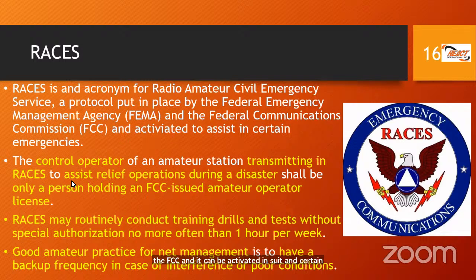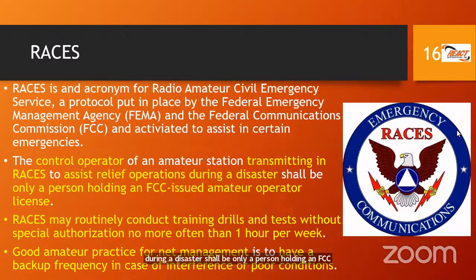So we have a couple of exam questions in relation to RACES. On your right-hand side here, that's the logo for RACES, right? The exam questions are as follows. It has to do firstly with the control operator. In other words, that's the person that is at the amateur radio equipment and speaking, right? The control operator of an amateur station transmitting in RACES to assist relief operations during a disaster shall be only a person holding an FCC issued amateur operator license.